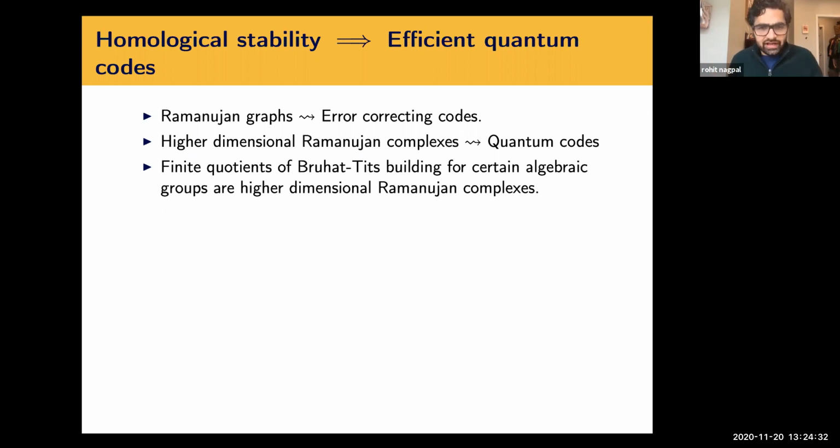It's pretty hard to define Ramanujan complexes, so I'm not really going to define them. They have some spectral condition, like the Ramanujan graphs, but they also need to satisfy other properties, called co-systolic expansion and systolic expansion. So you can't take arbitrary algebraic groups and take their finite quotients to construct Ramanujan complexes. They have to have some properties, right?